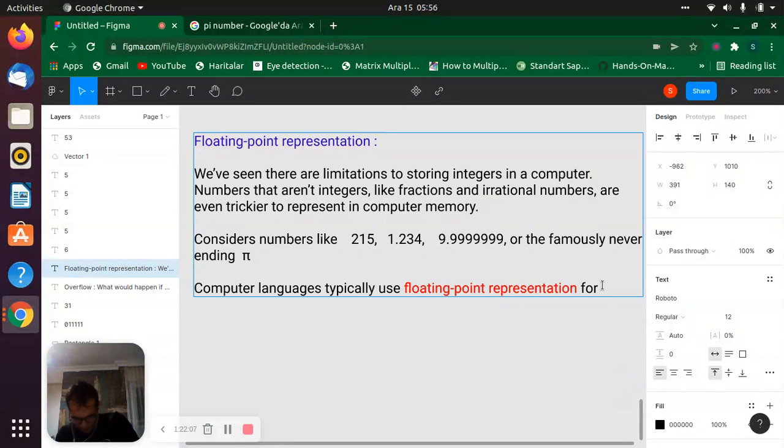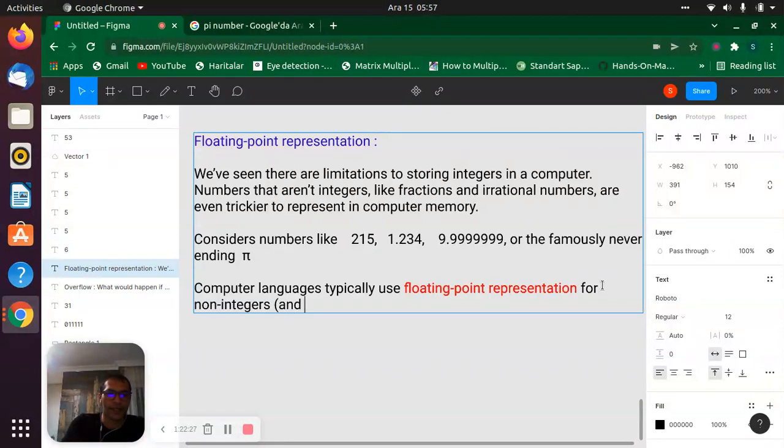Black. For non-integers, not integers, and sometimes integers too. Really, sometimes integers too.